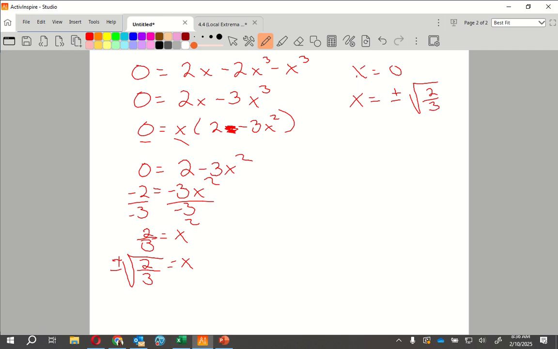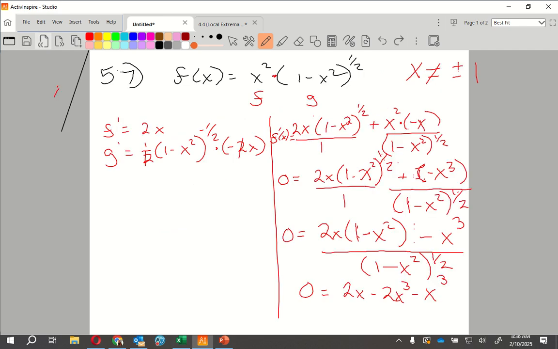Okay, so it's outside of my domain of my derivative. But do I have any others inside this right here? That part by itself. Is that also the same domain? It's got to be between -1 and 1, right? Okay, so that's good. So that still works for all of this.